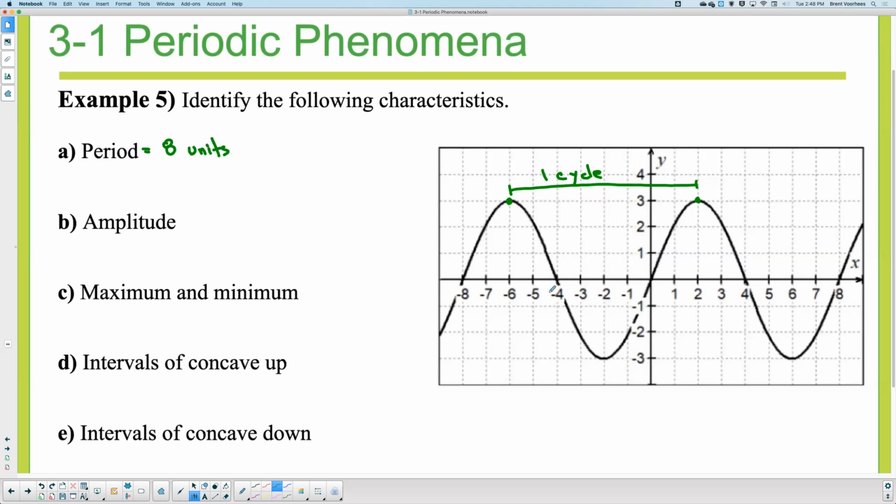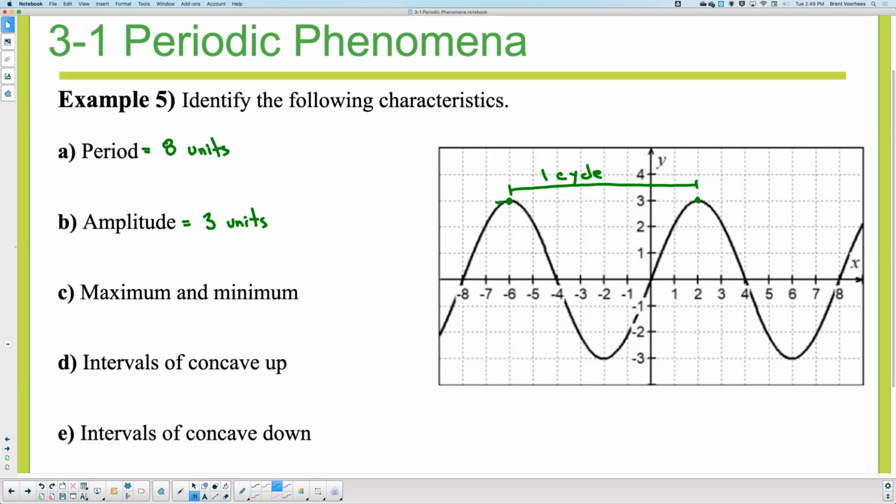What's the amplitude? Again, maximum minus minimum. So 3 minus a -3. Minus a negative becomes positive. So what's 3 plus 3? 6. Does that mean my amplitude is 6? It's 6 divided by 2, which is 3.